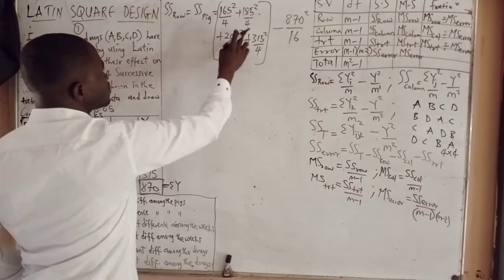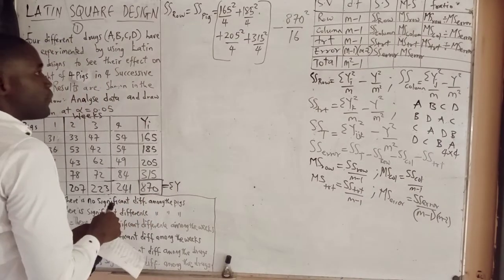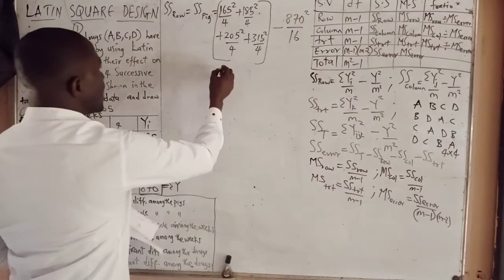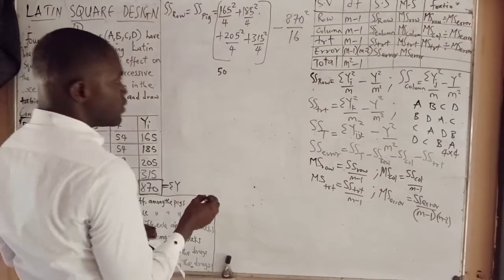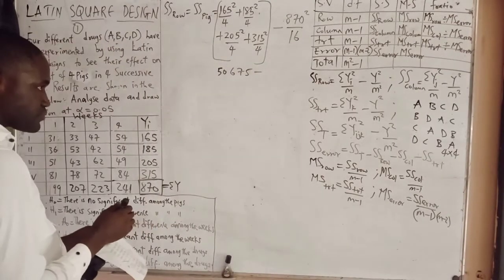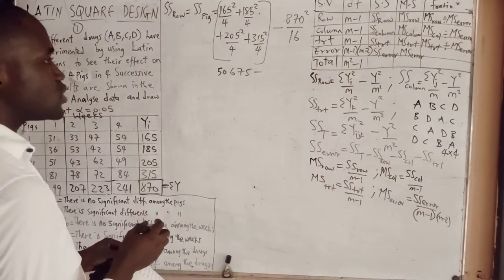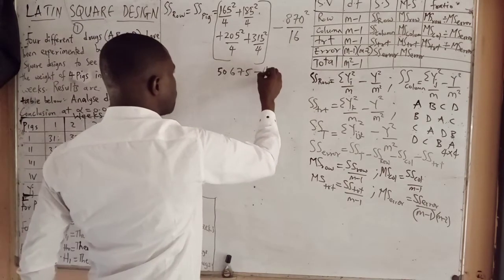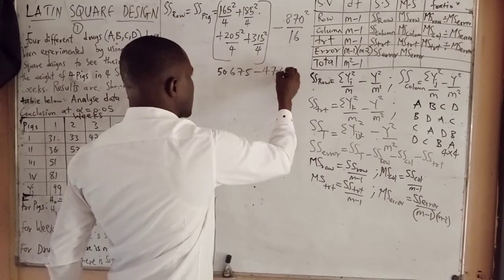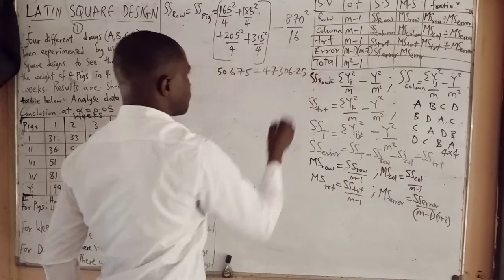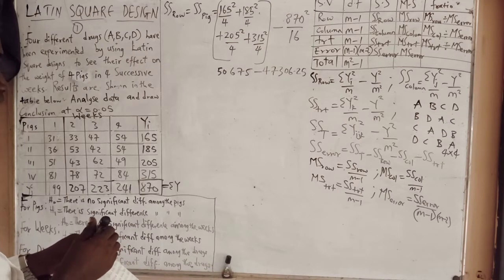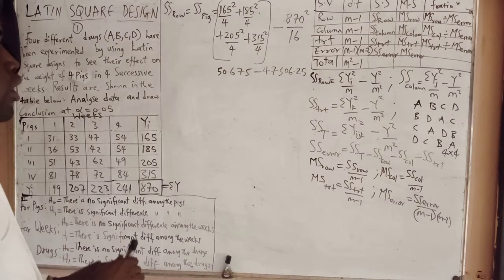If you compute this with your calculator, this square divided by 4 plus this square divided by 4 plus this square divided by 4, if you compute it very well, you will be having here 50,675 minus, if you compute the next one, it will be giving you 47,306.25.